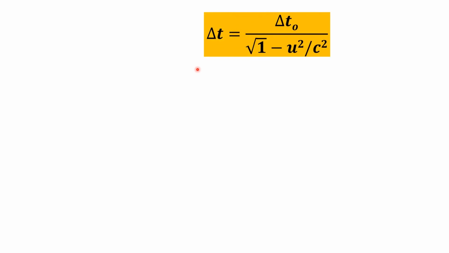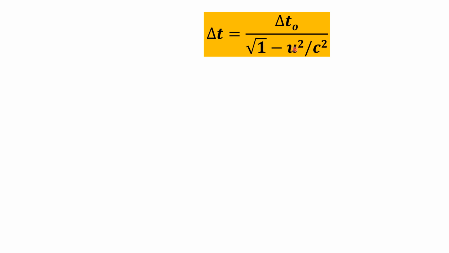All right, before we go to some conceptual questions, let's first talk about the time dilation equation. Delta t is equal to delta t naught divided by the square root of 1 minus u squared over c squared. We say that time is relativistic if the speed of a moving body is very near the speed of light, right?